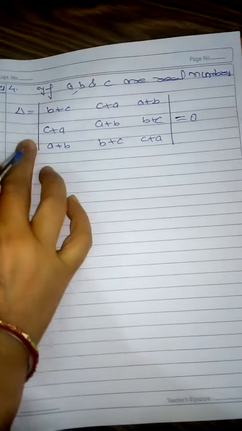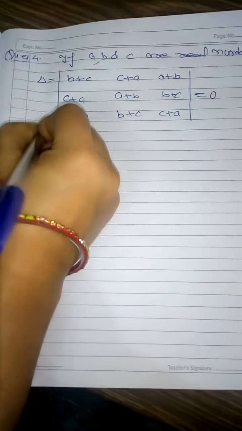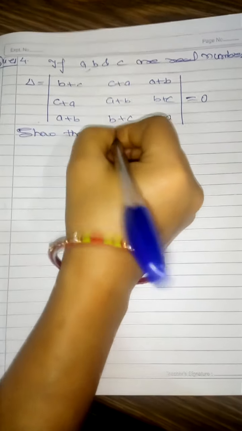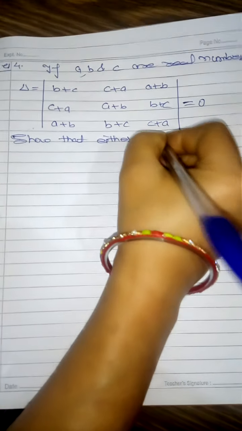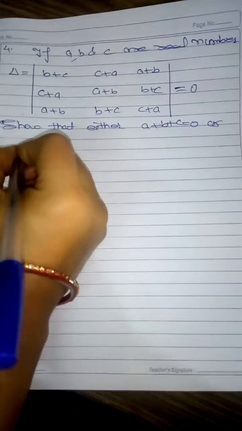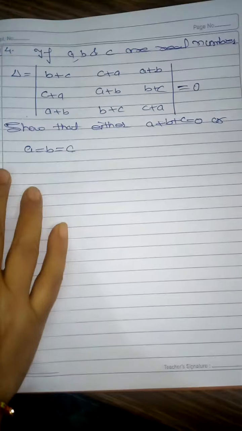The value of the determinant is this one, and that is equal to 0. We have to show that either A plus B plus C equal to 0 or A is equal to B is equal to C. We have to solve this one.